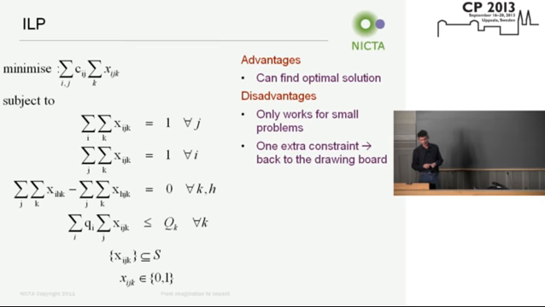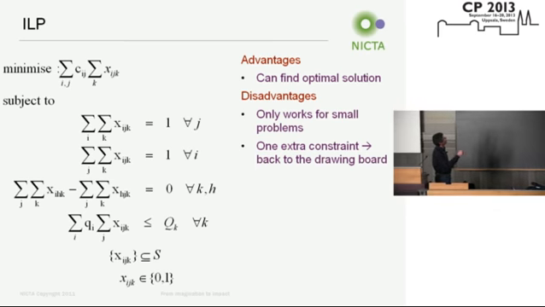I don't have time to go through this in detail, but I'll just point out, you've got here constraints that say if I go into a customer, I need to come out of it. If I go into it, I go into it exactly once, I go out of it exactly once. If I go into it, I go out of it, and I go out of it on the same vehicle. Sorry, x_ijk here is I go from customer i to customer j using vehicle k.